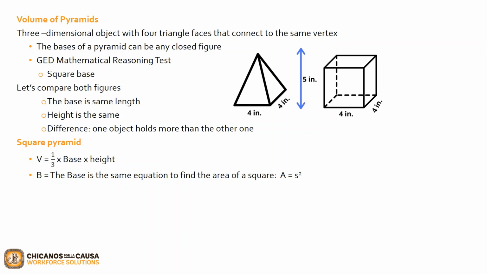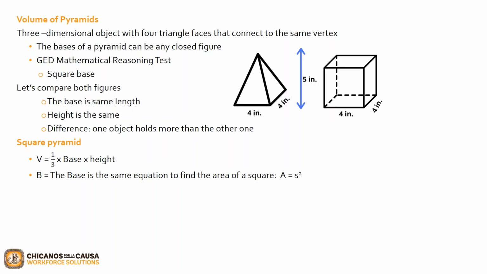Notice that the base in the volume of a pyramid is the same equation to find the area of a square. Do you remember that back in lesson, I want to say 4, maybe? It was one of the previous lessons. Okay, so just remember that.